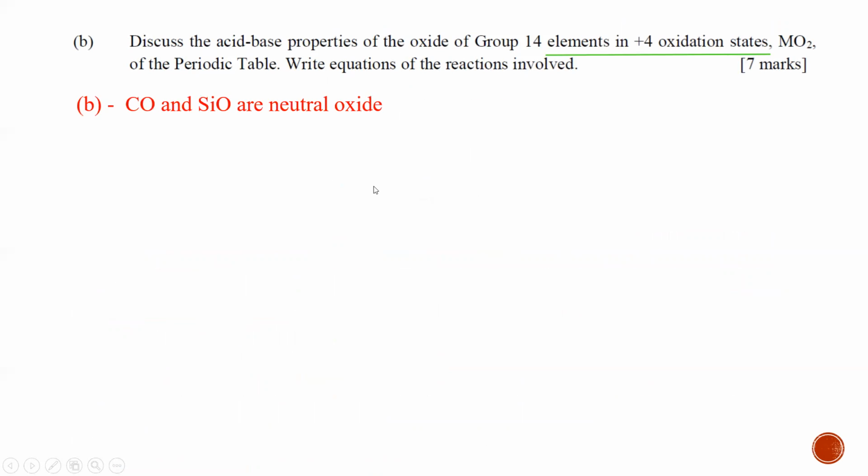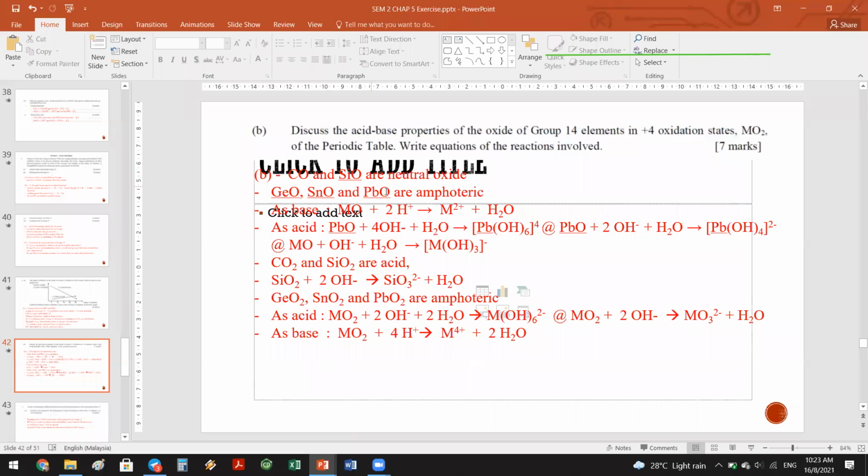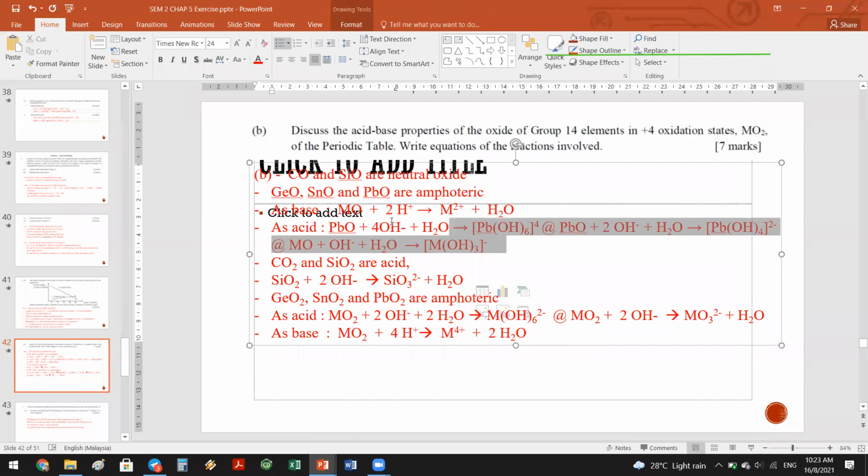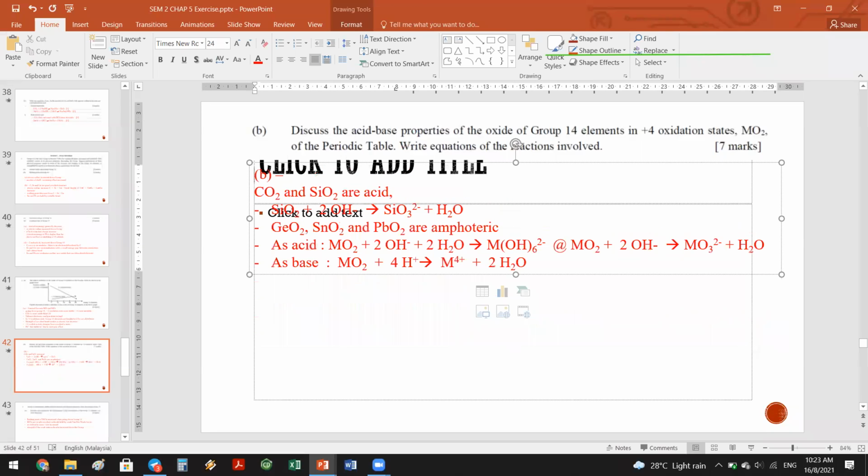So in here, similarly, you just explain CO and SiO are neutral. Sorry, I think I made a mistake in here. No need to explain this. Sorry, no need to explain this. Can I correct it for a while? Sorry. So we have to mention that, 7 marks. Okay.